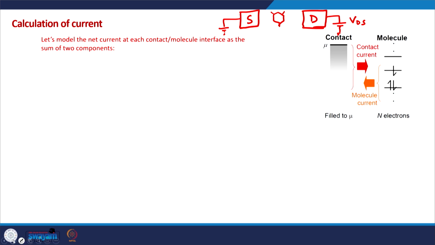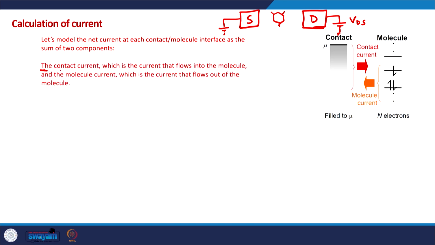One is known as the contact current, which is the current that flows into the molecule, the current from the contacts to the molecule is termed as the contact current, and the second component of the current is the molecule current, which is the current that flows out of the molecule. The total current will be a proper sum of these two components. Okay.